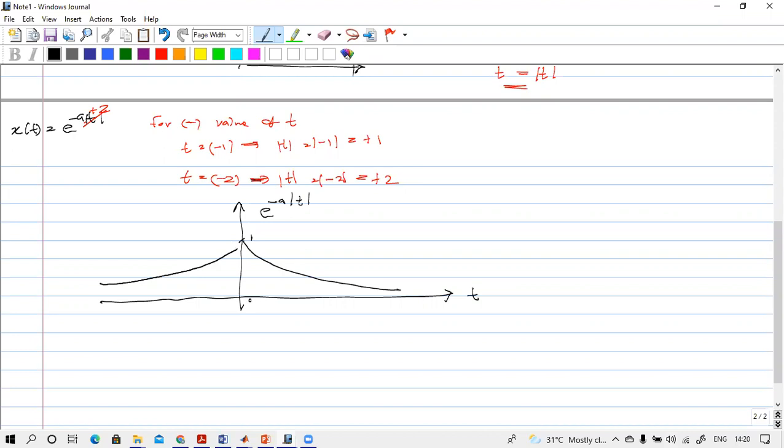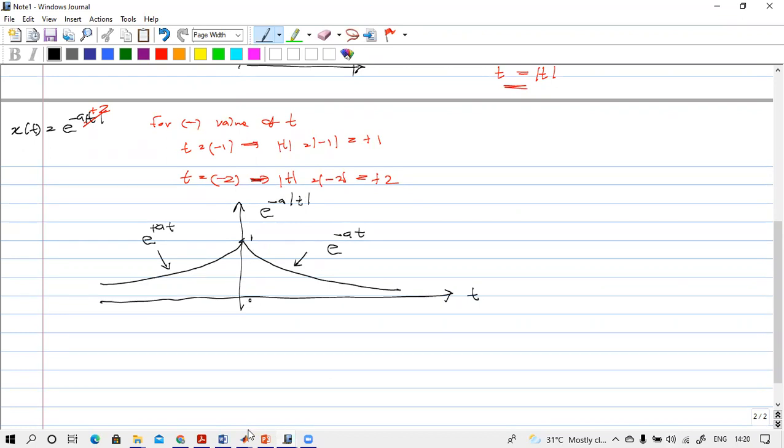This part is equal to e to the power minus at, and this part is equal to e to the power plus at. You will have this kind of graph if you draw e to the power minus a absolute t. You should be able to draw this kind of graph.